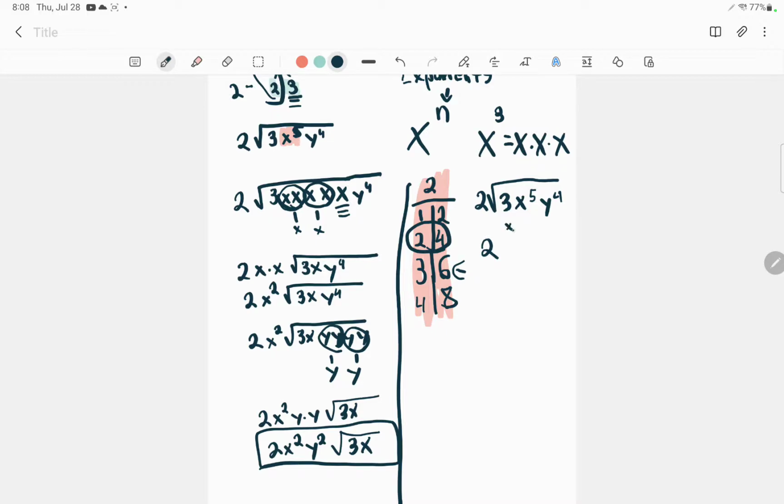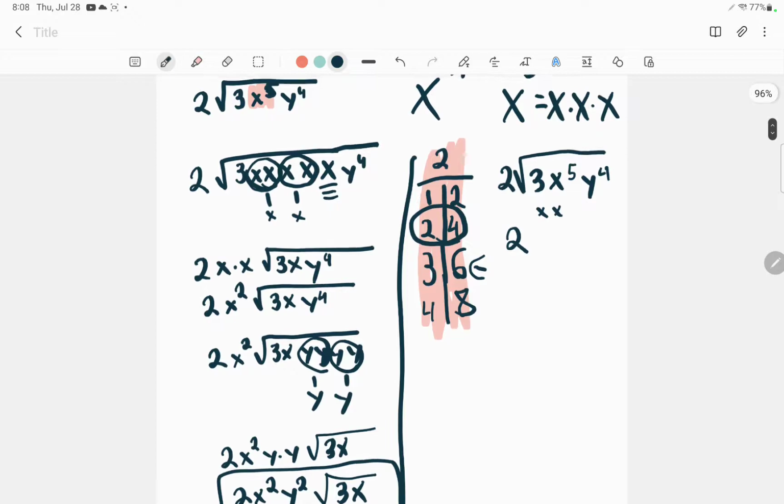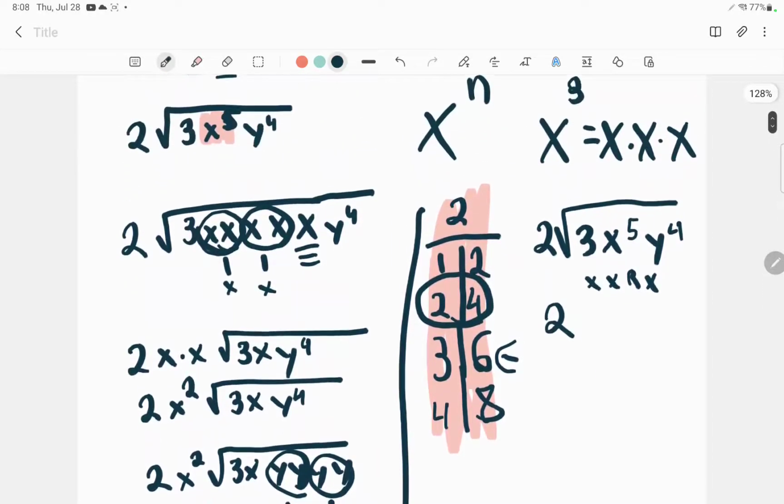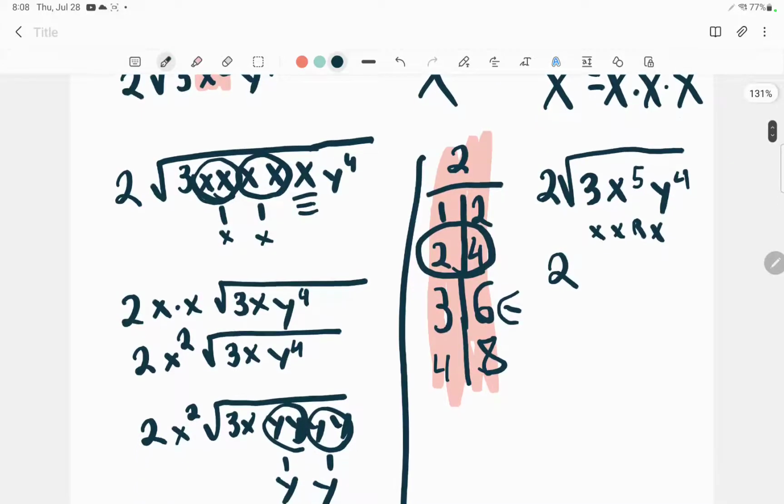I know I'm going to have x for one group, x for another group, right? And then I'm going to write remainder 1x. I'm just writing this just so you guys can see. Gonna maximize this so everybody can see. I'm saying that I have two groups of, and I have one remainder x.